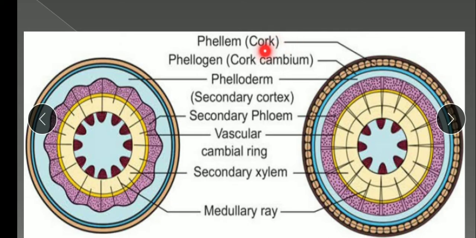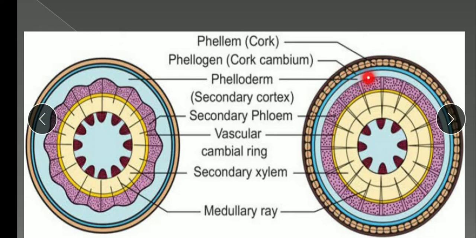Now next we will see here, this cork forms a waterproof covering of the stem. Now the cells which are cut off on the inner side of the phellogen. So this phellogen or cork cambium adds cells on the inner side also by the division, and on the inner side it forms a parenchymatous tissue, the secondary cortex, or we call it the phelloderm also.